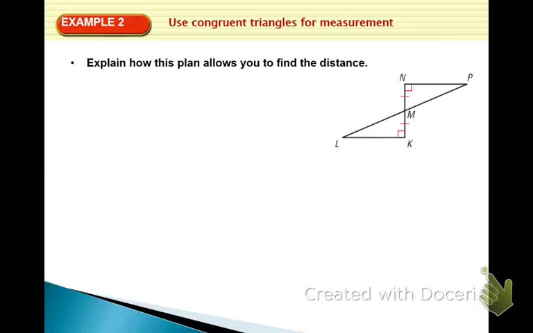Well, what we could do is measure this distance LK, right? If we can find LK, and show that it's the same as NP, then I could know what that distance would be. So we have to show these two triangles are congruent. So what else could we mark congruent in the triangles?